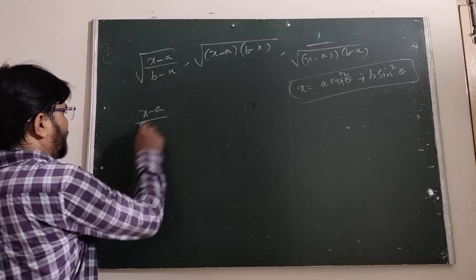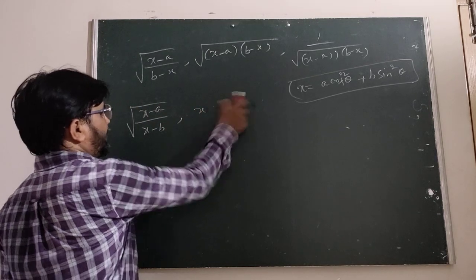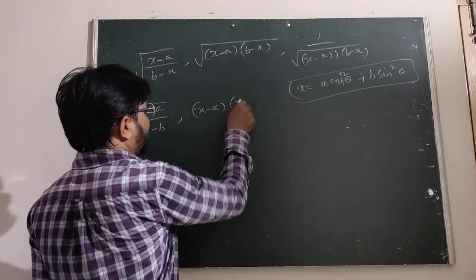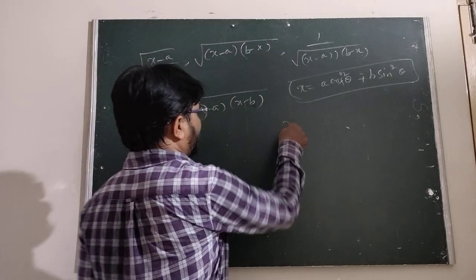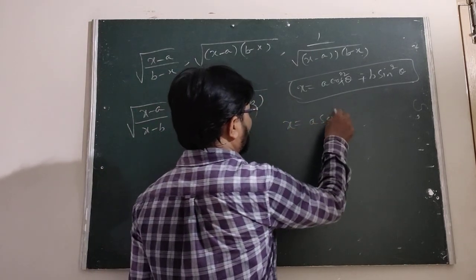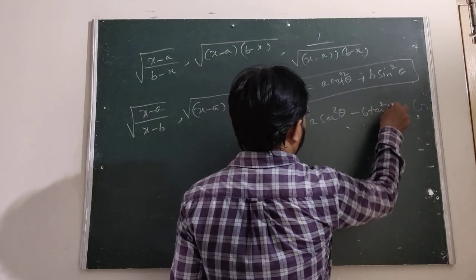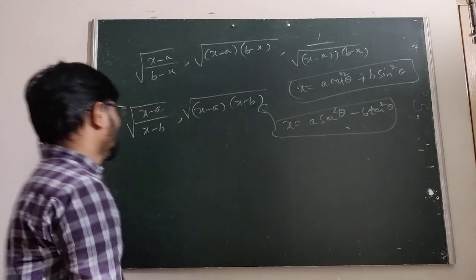For x minus a by x minus b, or x minus a into b minus x, or x minus a into x minus b, we take x equal to a secant square theta minus b tan square theta. This is the suitable substitution.